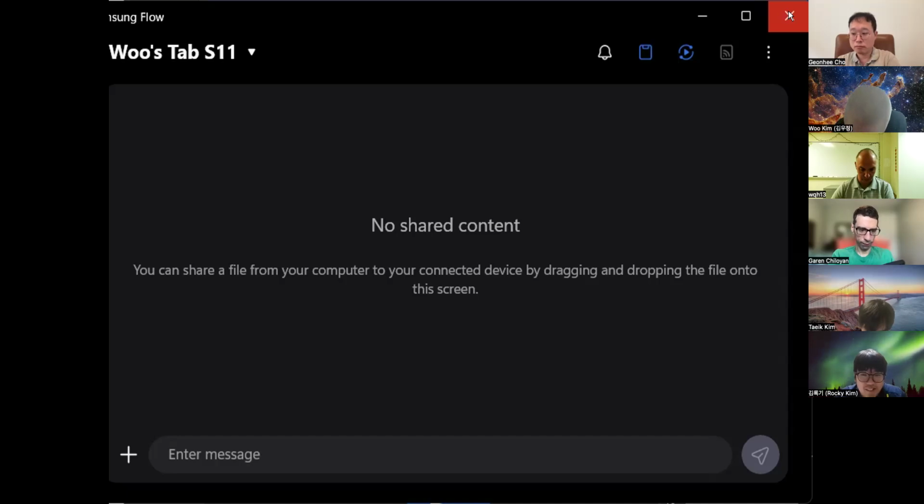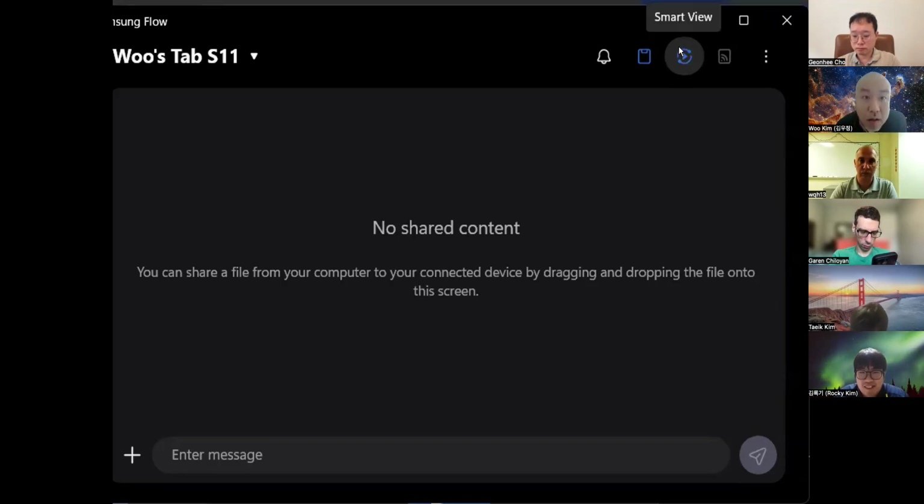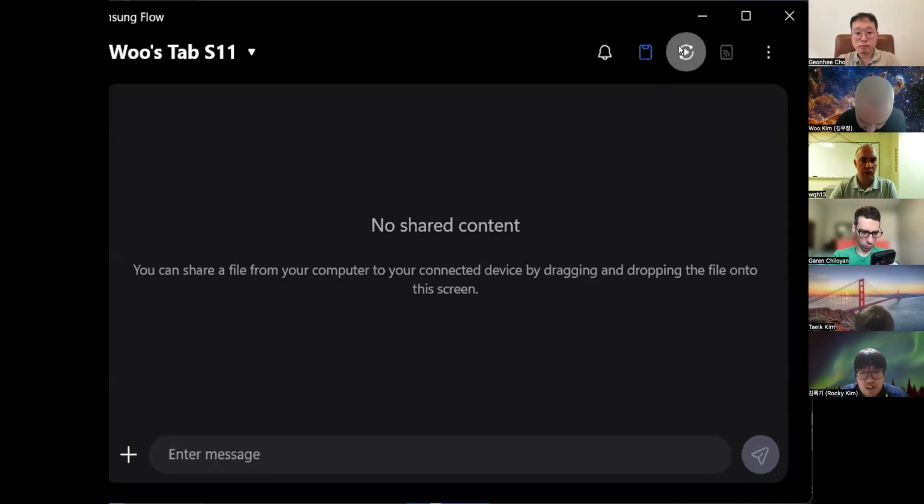So this is not screen share. You can find the screen share button at the top, maybe this triangle button. Then you can find this smart view, and then you can find another application.